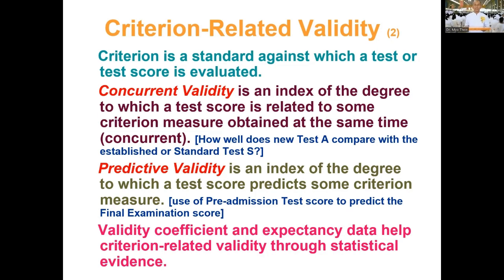So whenever there is a questionnaire related with how well the final exam will be achieved, at the time of admission, at the time of the pre-admission test, then through this predictive validity can be taken. So here the validity coefficient and expectancy data help establish criterion-related validity through statistical evidence.